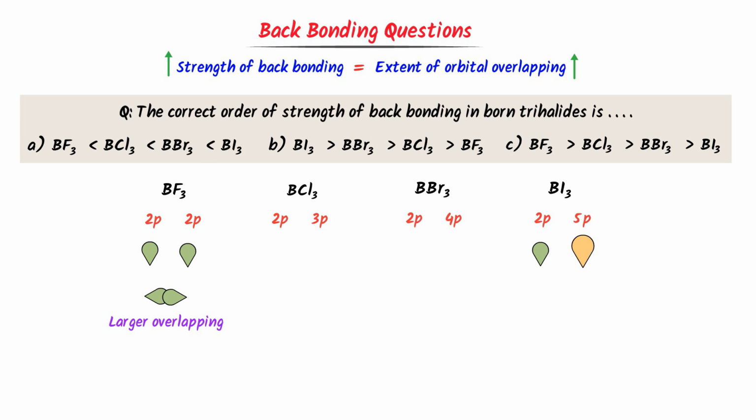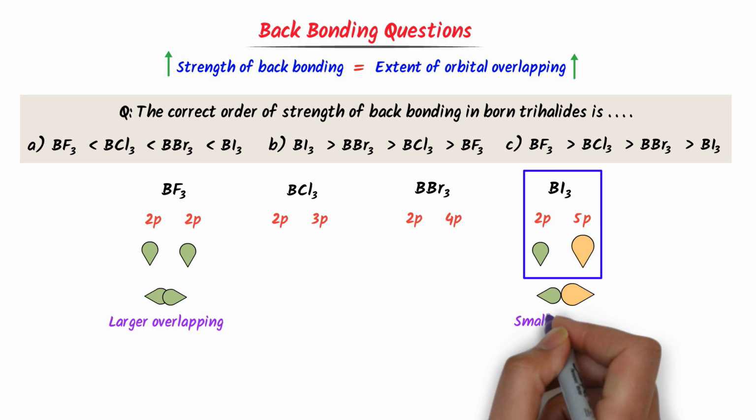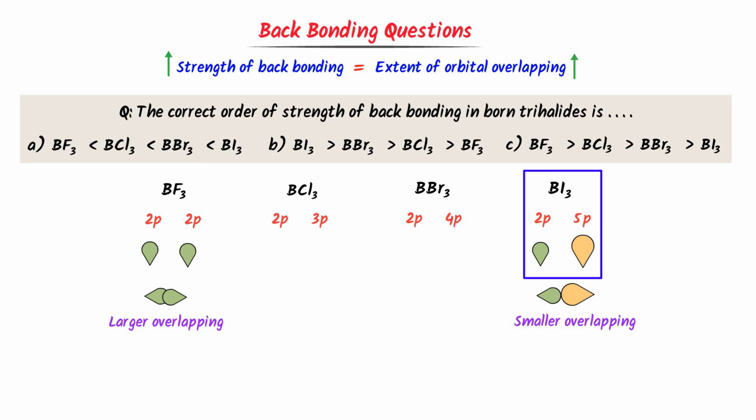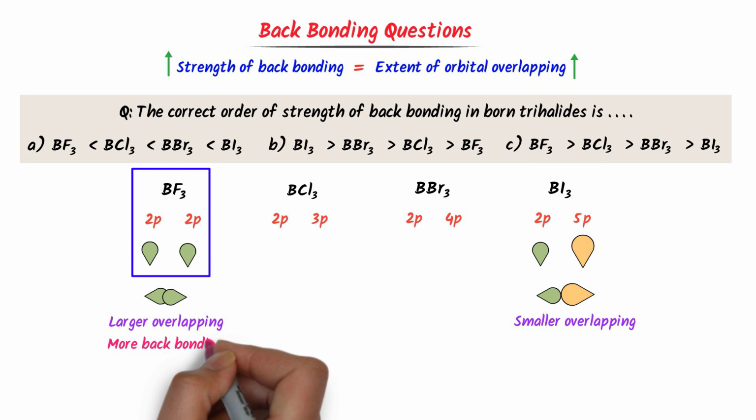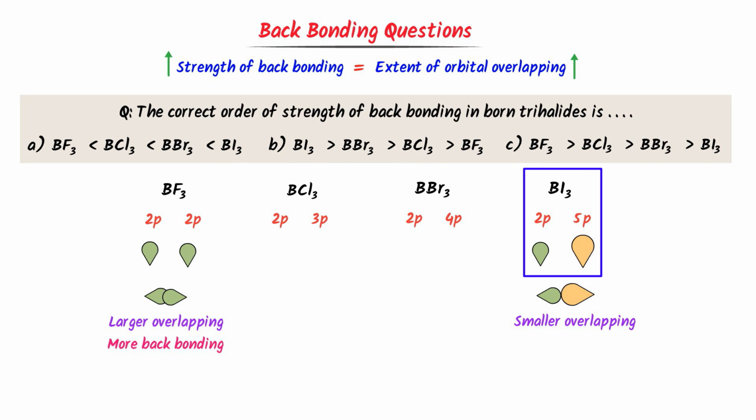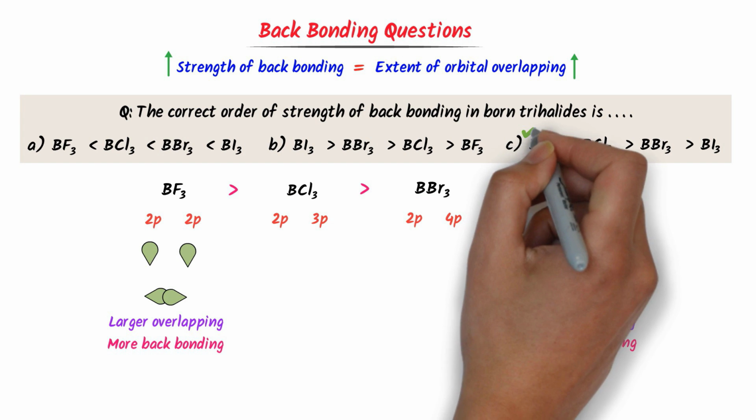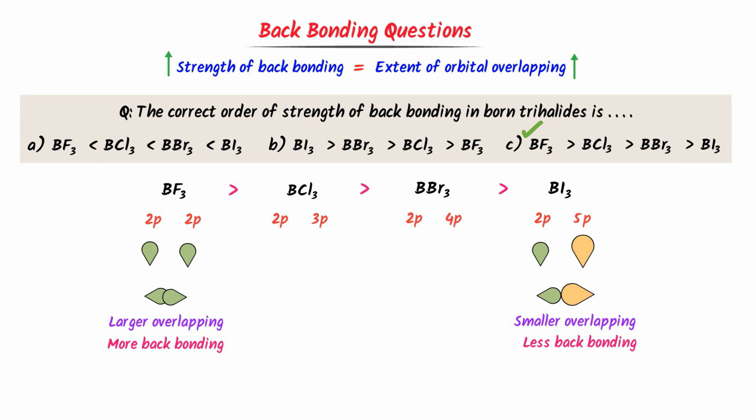On the other hand, in case of BI3, the extent of orbital overlapping is smaller due to larger size. Thus we say that BF3 has more back bonding while BI3 has less back bonding. So the correct order is like this. Thus the correct option is C. Hence note down this important question.